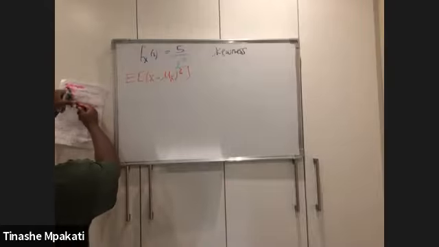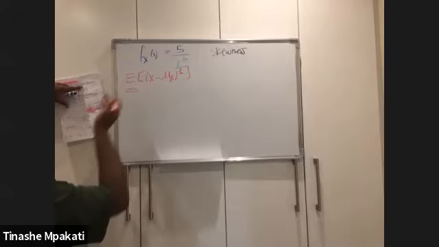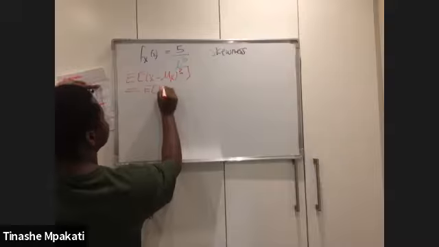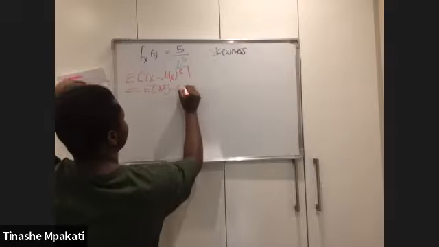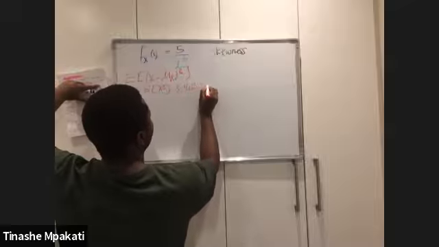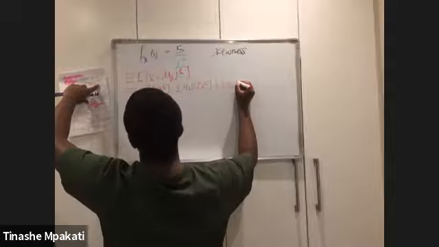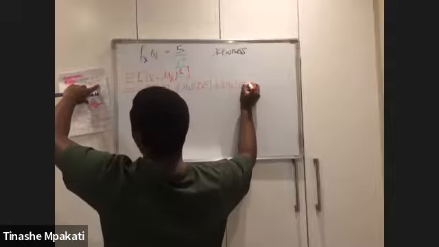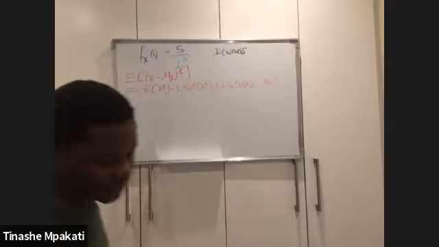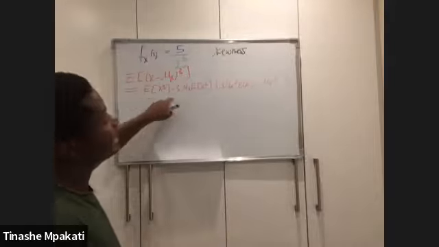And Pascal's triangle will tell you that when you expand this, it will give you the expectation of x to the power 3 minus 3 mu x multiplied by the expectation of x squared plus 3 mu squared expectation of x minus the expectation of x all to the power 3, right? If you were to use Pascal's triangle, you would find that if you expand this, this is what you get.